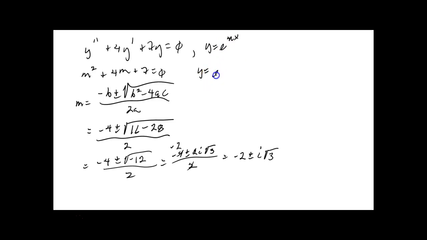Okay, it does have that in it, e to the minus 2x. That's from the real part of the m. And so that? C1 cosine. Say it again. Okay, it's just root 3x.